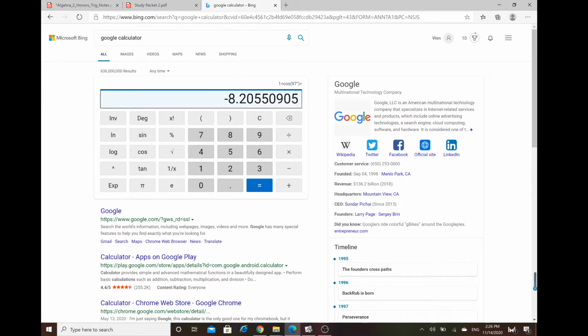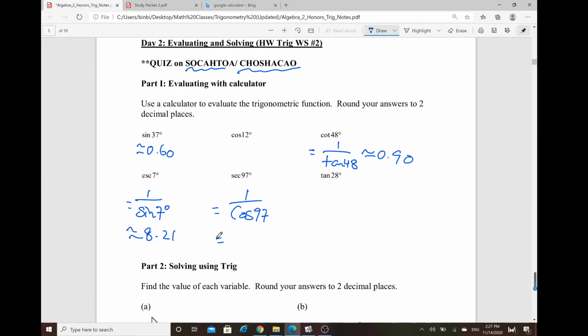We'll talk about the reason why it's positive or negative in a future video. 97 passed through the 90-degree line, so that's why it goes to the second quadrant. For that ratio, it's considered negative. So negative 8.21.